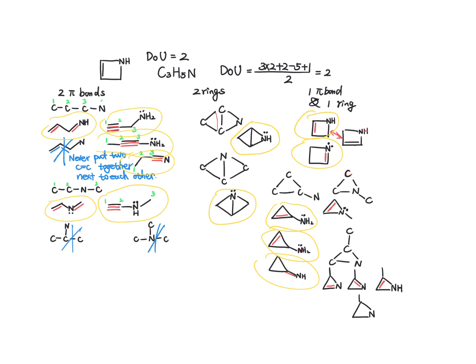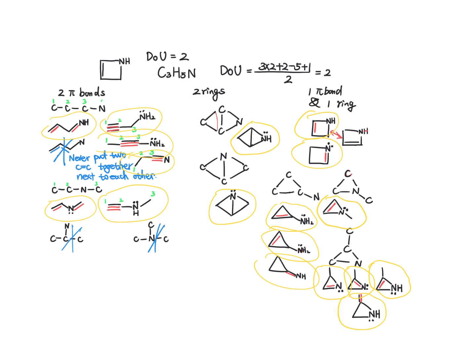So it's right here, and the nitrogen again needs to have hydrogens. Okay, I'm going to put the lone pairs on the nitrogens. So that is another few constitutional isomers that have 1 ring and 1 pi bond.